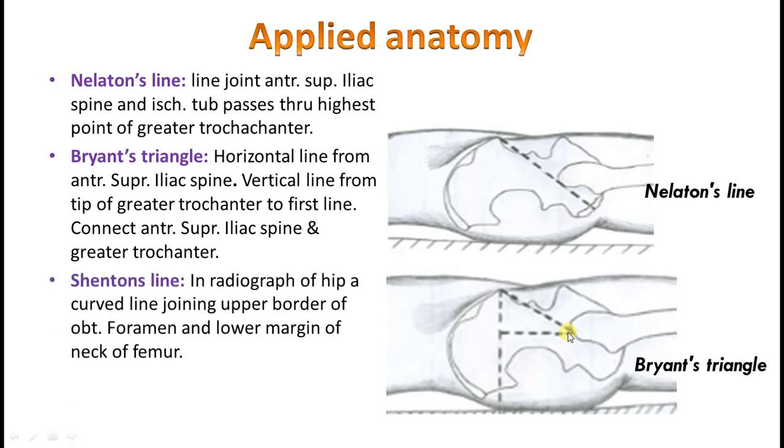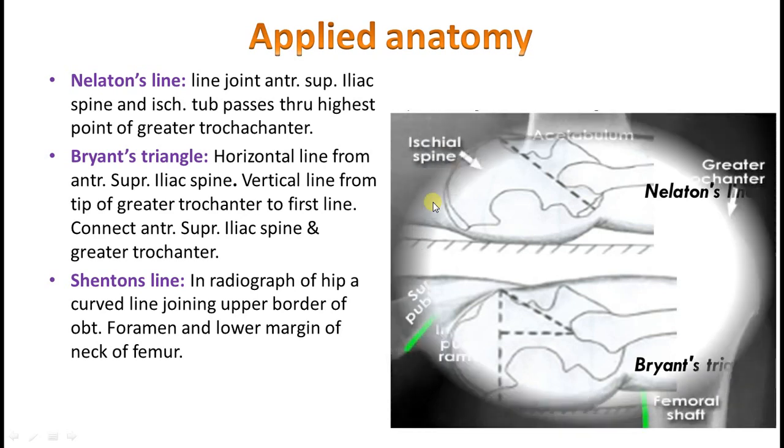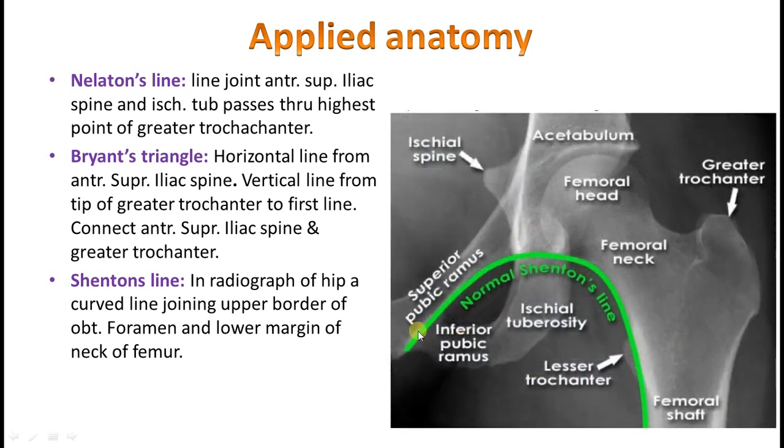Then you also have Shenton's line, and one more thing is Shoemaker's line. Shenton's line is mostly seen in radiographs of the hip. You are able to see a curved line from the upper border of the obturator foramen and the lower border of the neck of the femur.